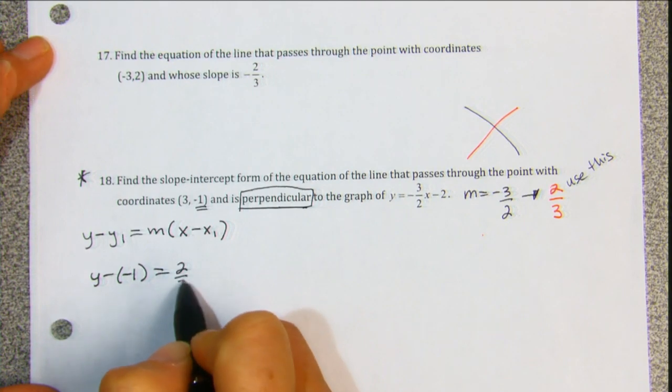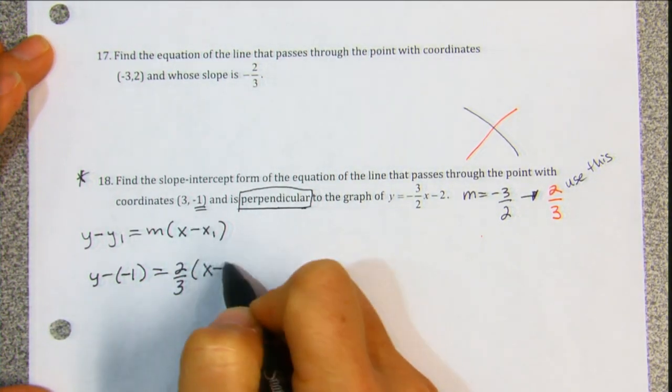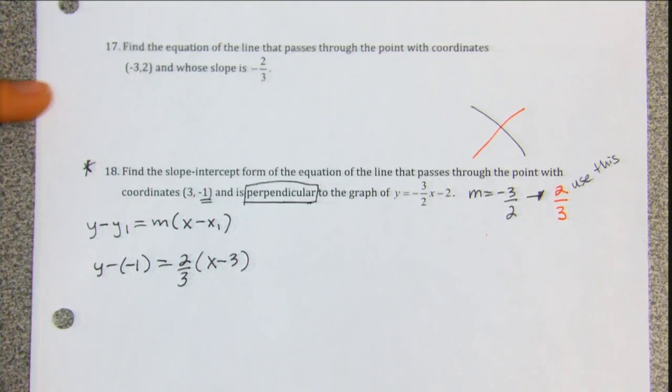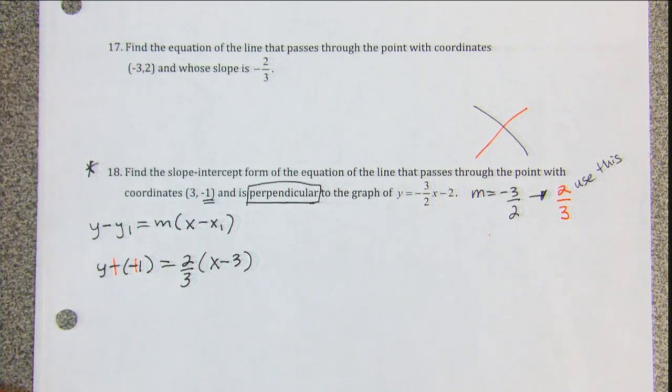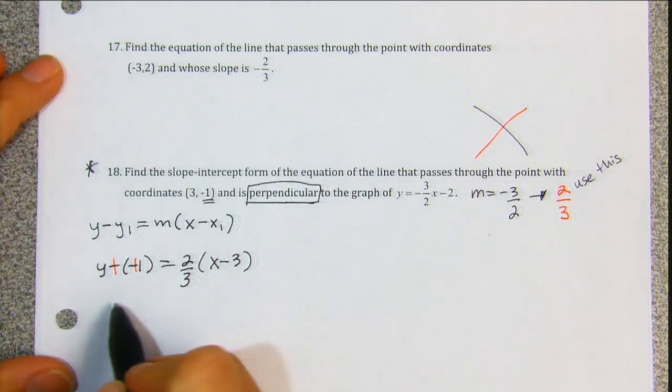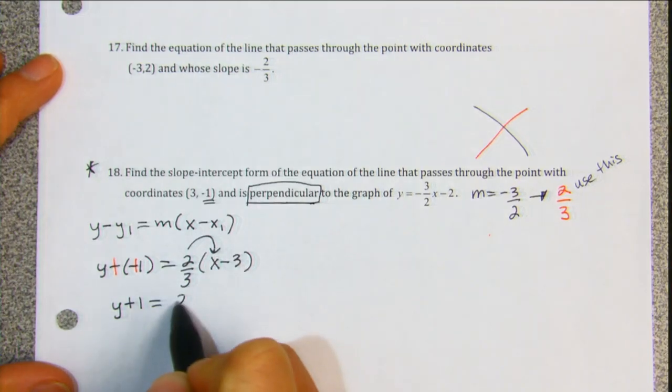I'm using the 2/3 times x minus my given x, which is 3. So now all we have to do is distribute and get y by itself. We need to answer in slope-intercept form. So y plus 1 equals 2/3x.